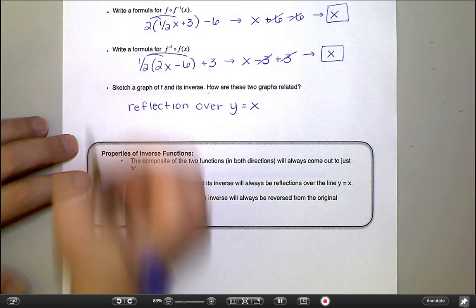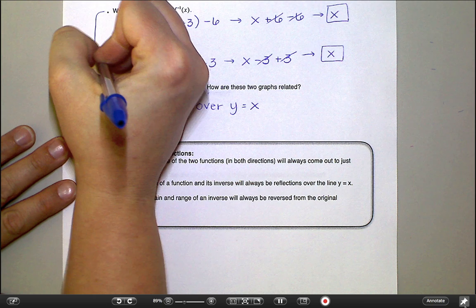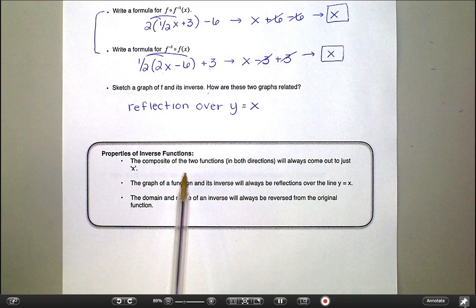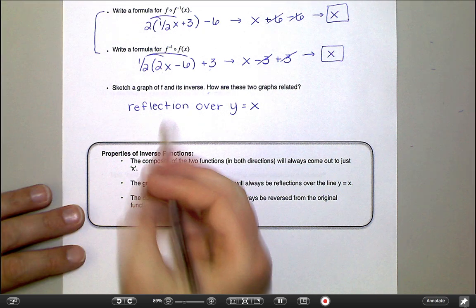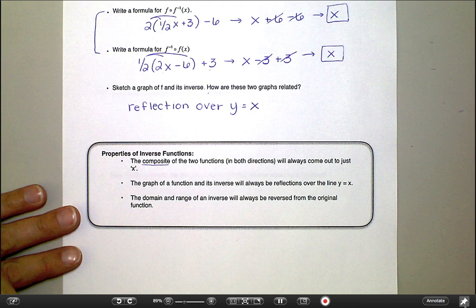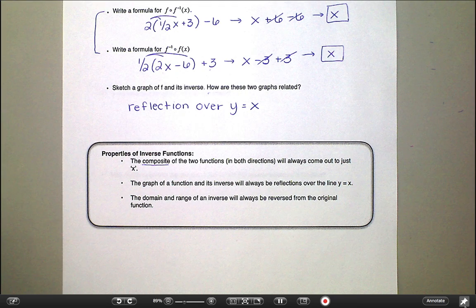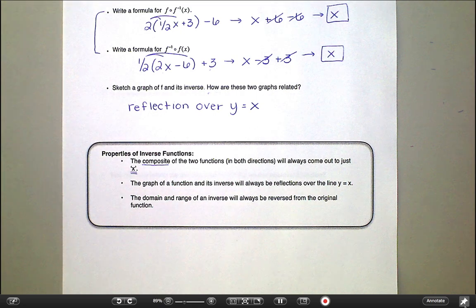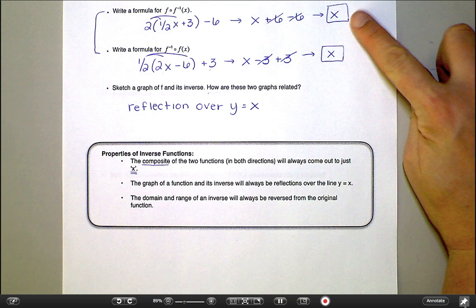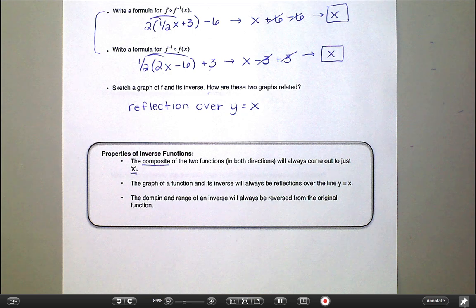And this first thing is referring to what we saw back here: if one function is the inverse of the other, when you do the composite, meaning you plug one into the other, in both directions, it should cancel out and always just equal x. It doesn't cancel out completely. It doesn't make a 0, but it leaves just the x by itself.